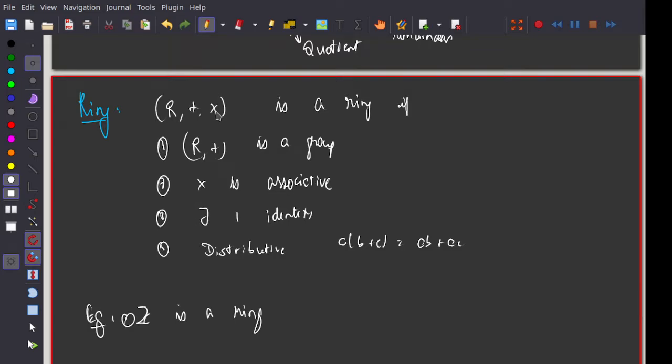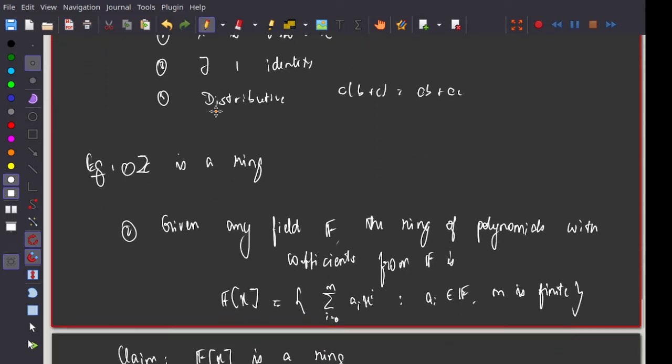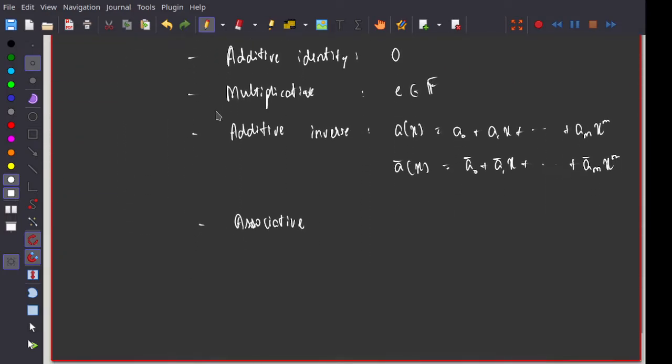So the set should be closed under both these operations. Distributivity, and that is right. Any questions?